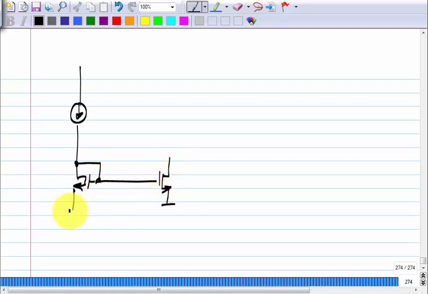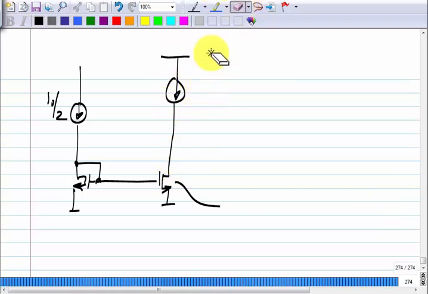Let us say I have a current mirror and this is I naught by 2. If this is in saturation, it will carry a current of I naught by 2. But let us say I do this, what happens in this case?